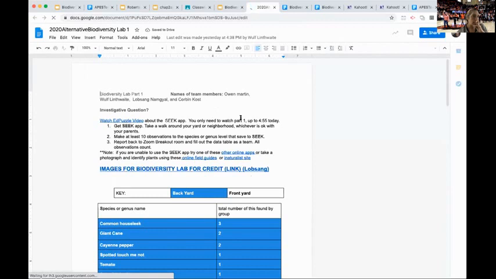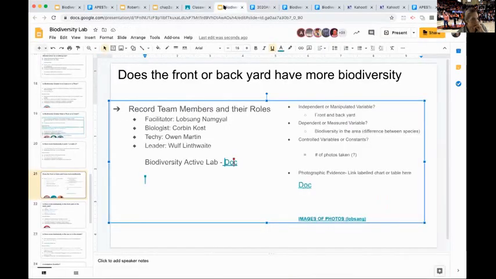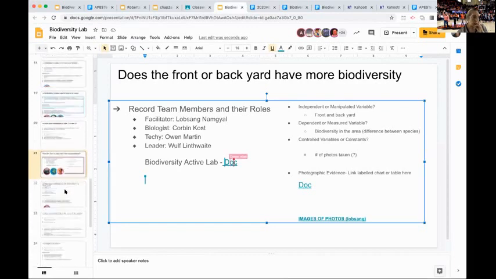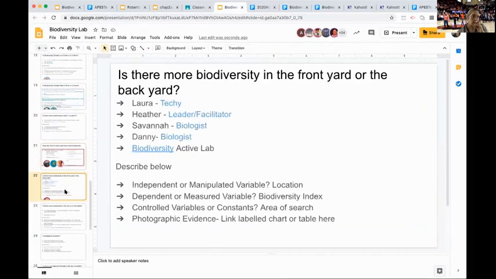It takes me to a lab that says Owen, Wolf, Lobsang, and Corbin. So that's good because that matches what group this is. Right, and then I see Laura, Heather, Savannah, and Danny on this one.